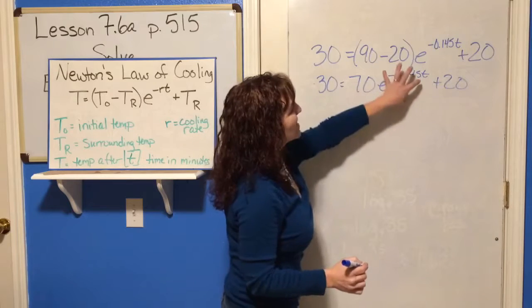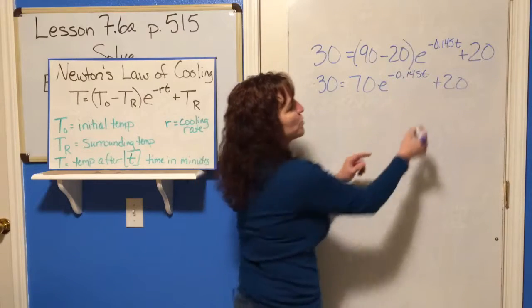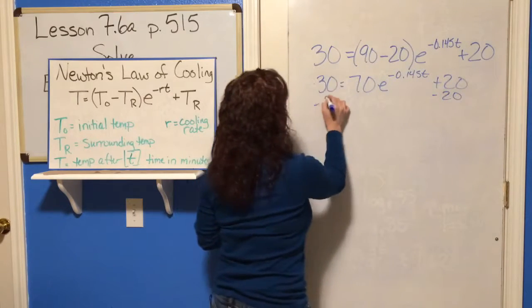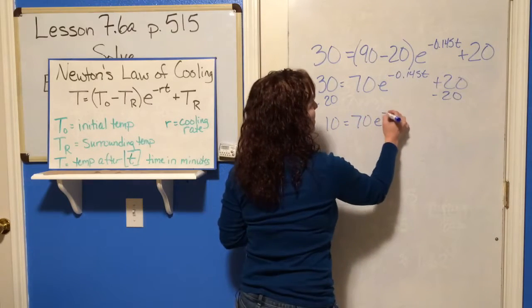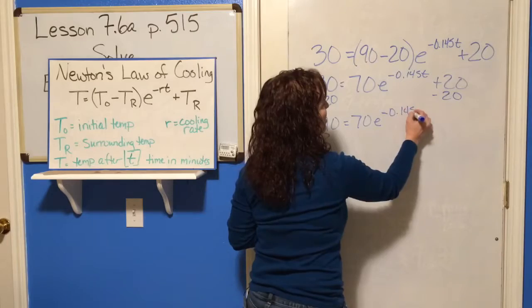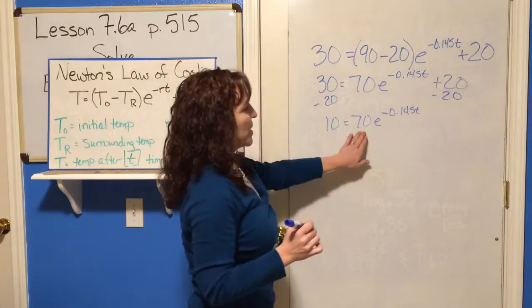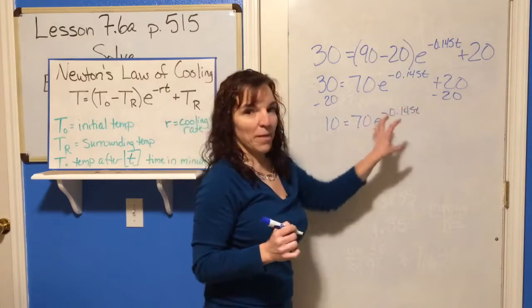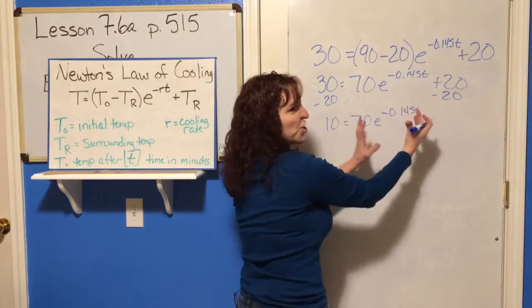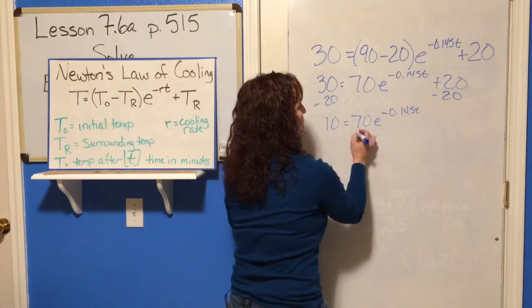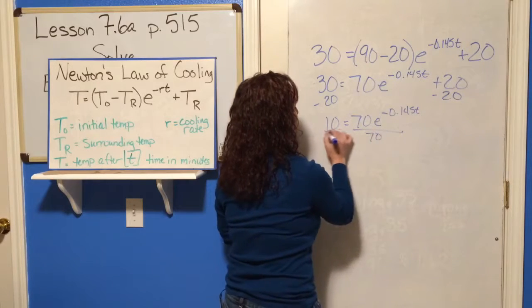We're trying to isolate this part, so let's subtract 20. So 10 equals 70e to the negative 0.145t. Now we're going to divide by 70 to get this part by itself. We're getting it closer and closer to just the variable that we want. So divide both sides by 70.